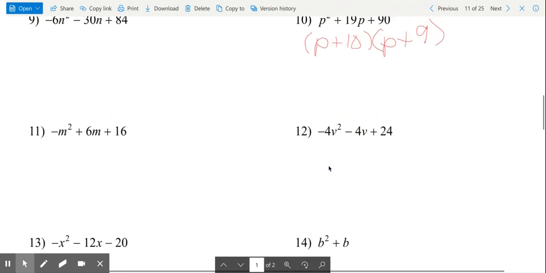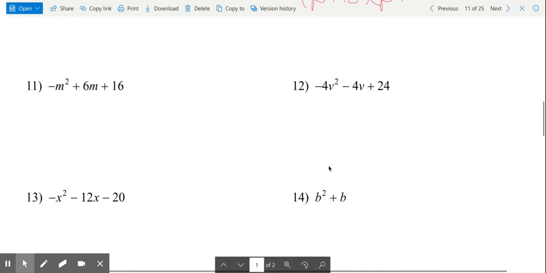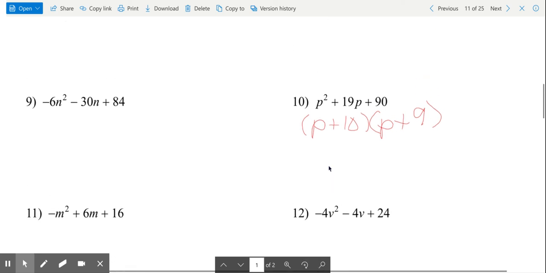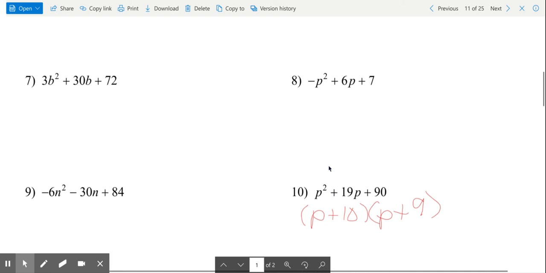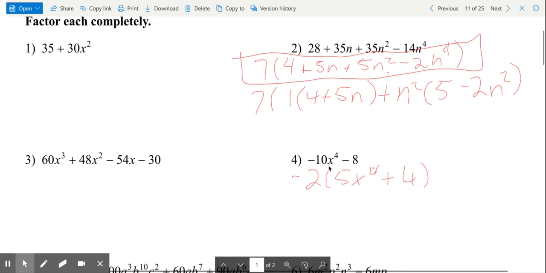Other factoring methods will also work on those as well, so you don't have to use the trick, but if you want to, go ahead. And then we also had factor by grouping. So those are kind of the types.